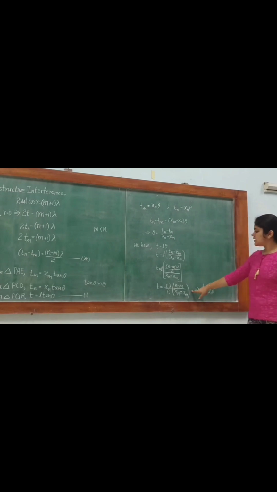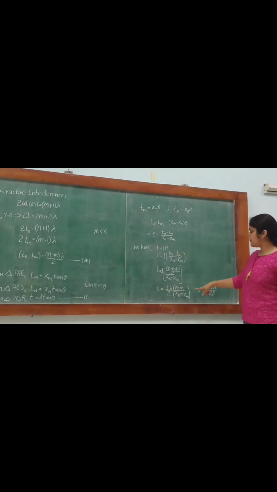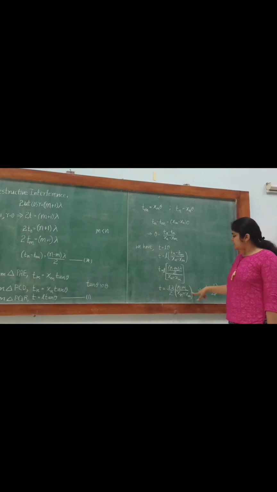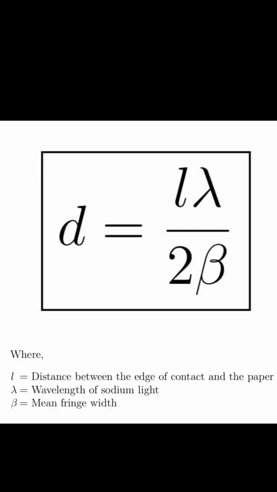You will get the formula for T, the thickness of thin paper, that is L lambda by 2 into (n minus m) by (xn minus xm). Here (n minus m) by (xn minus xm) is nothing but the fringe width. So T is equal to L lambda by 2 beta. This is what we are using for finding the thickness of any thin material from this Air Wedge experiment.